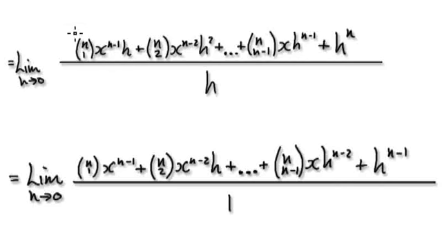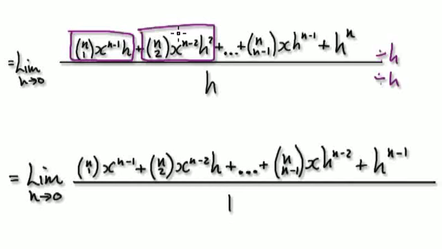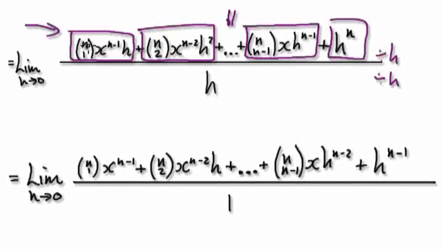Okay, so when you remember that when you divide top and bottom by h, you've got to divide every term by h. So at the top you've got to divide this by h, you've got to divide this by h, and then there's lots in between, and then the second to last term you've got to divide by h. When you get this divided by h, you will get this.